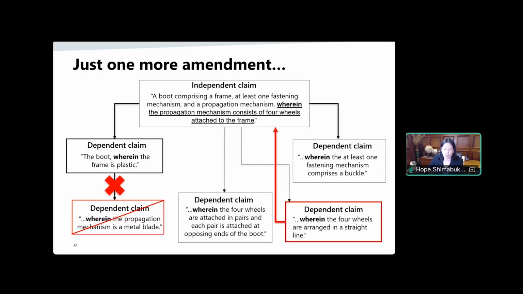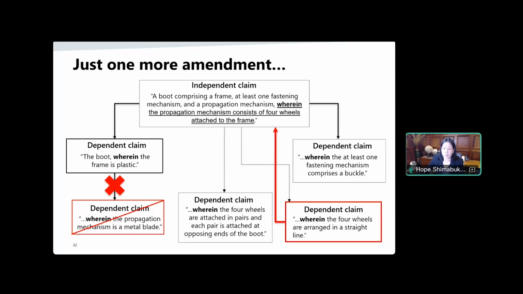So what can we do? We can amend independent claim 1 further to overcome the prior art of the quad skate. So let's see what we have with respect to another dependent claim. So one of the dependent claims says specifically wherein the 4 wheels are arranged in a straight line.